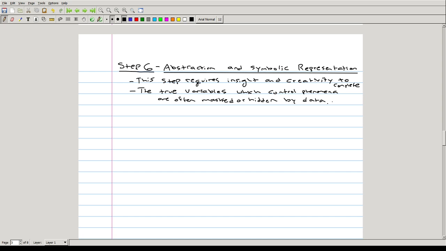That's not to mean that we can't use the data and do many of the amazing modern data science algorithms that have come about, but typically requiring or trying to find out what the true variables are which control a certain phenomena involves a large amount of insight and creativity to come up with a correct symbolic representation and model.